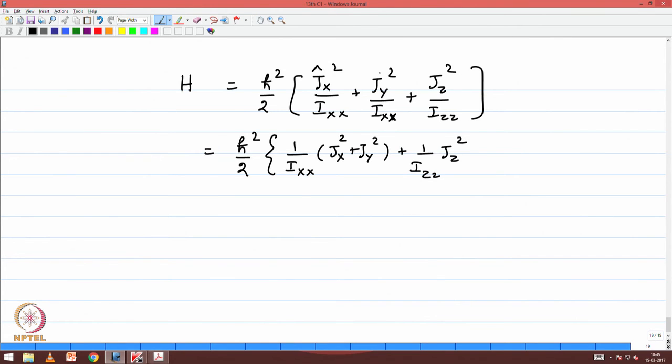Please remember, these are all operators in quantum mechanics now, angular momentum operator, square of them, and therefore they have very specific commutation properties.